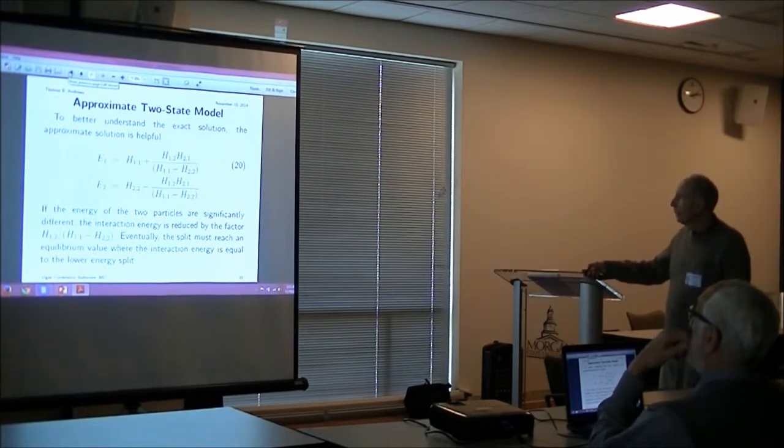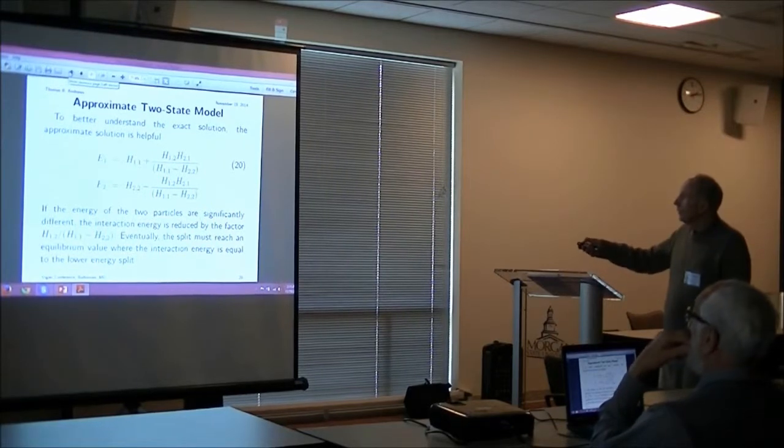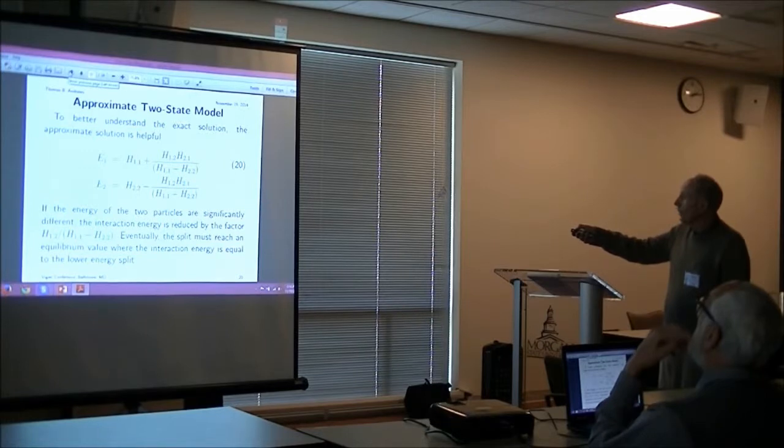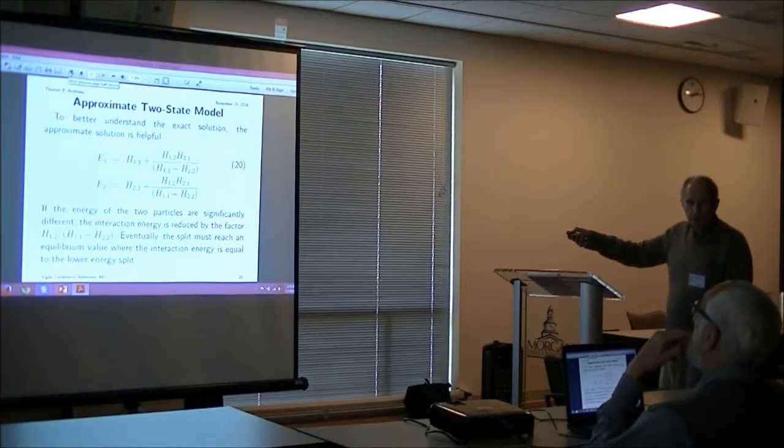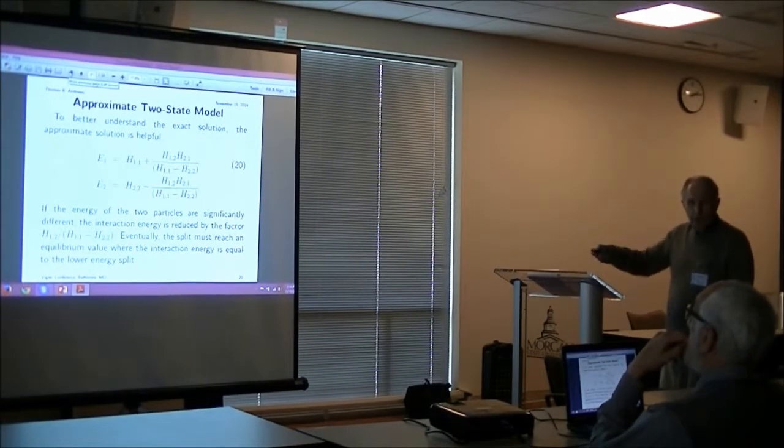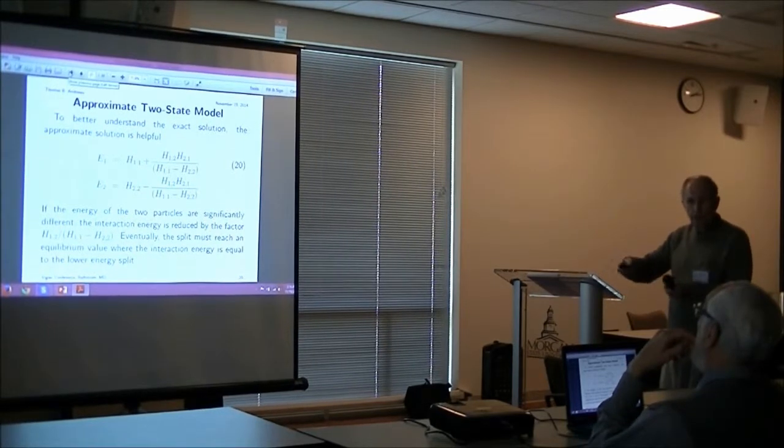They're very large. And in this approximate model, these interactions are reduced as the H11 and the H22 begin to differ, because the interaction pushes one up and one down.